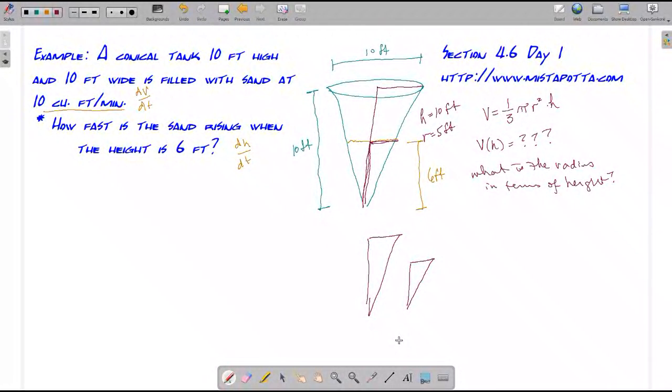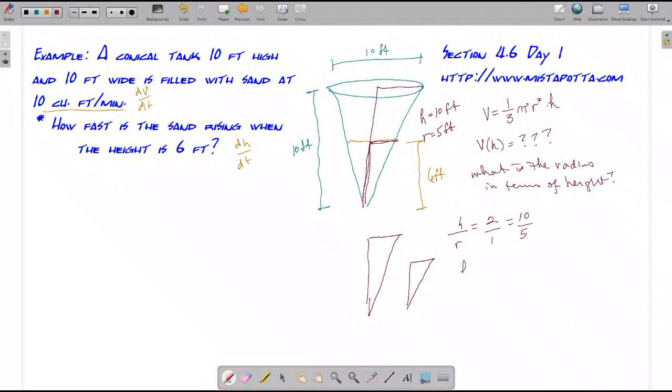And it's this proportionality of the sides, the fact that the height ratio to the radius is always going to be a 2-to-1 ratio, that is really going to help me. The idea is that my height, whatever my height is, divided by my radius, is going to be 2 over 1, because it's that 10 feet to 5 feet ratio.